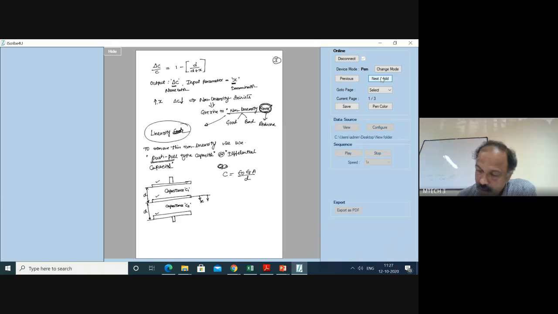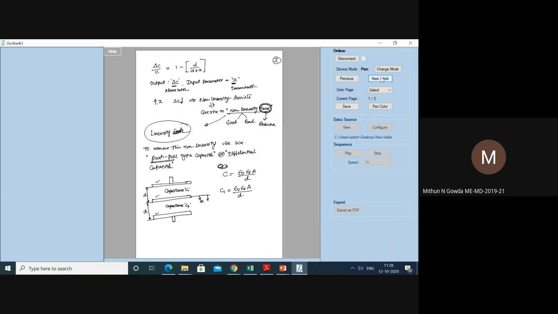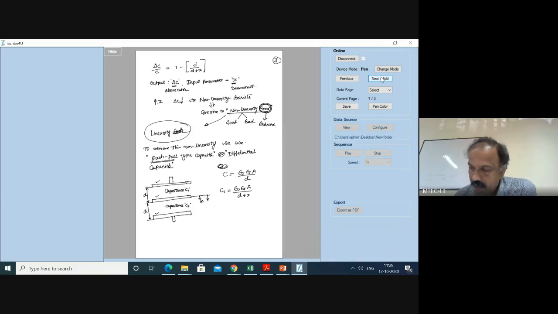When you move the middle plate, the capacitance C is going to become C1. Epsilon will remain same, epsilon r will remain same, A will remain same. Then d is going to become d plus x. Correct. Similarly, what is going to happen to C2 because of this?